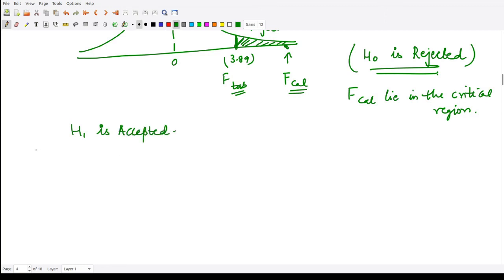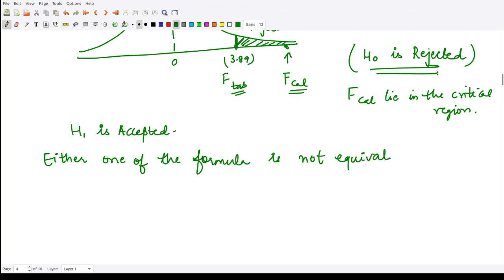So therefore we say that one of the formulas is not equivalent. So that means at least one of the formulas is good. So this is how you solve this question.